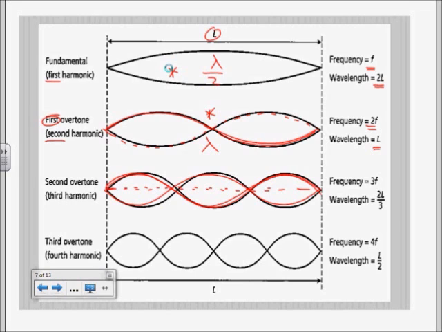This time, we've got 1.5 or 3/2 wavelengths present, from which if you rearrange that, you'll get that the wavelength is equal to 2L/3, and we get 3 times the fundamental frequency. The sequence continues, and you could just keep going, putting more and more of these sections of sine curve in, or half sine curve as I've drawn there.